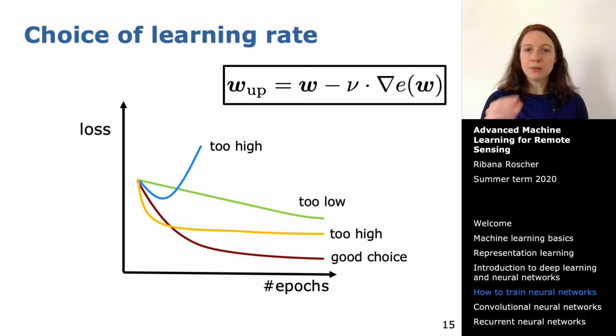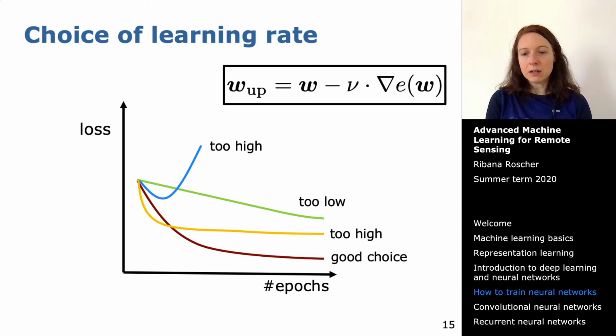Let's first have a look at the update equation. You have the gradients, which is the nabla E, the gradient vector, and then you have your current parameter vector, which is W, and your updated parameter vector W up. The learning rate is nu, and nu is a scaling factor to the gradient.